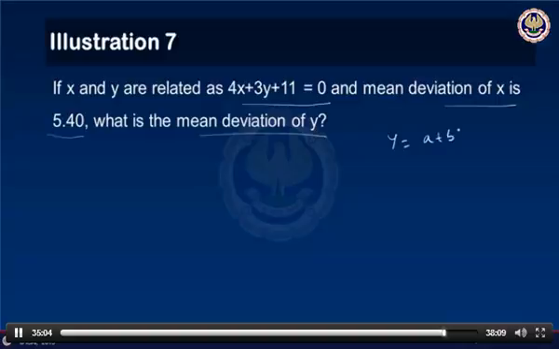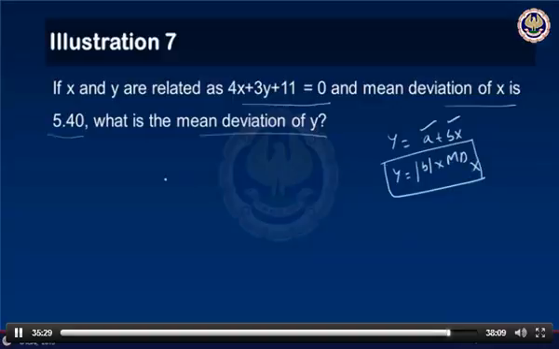Suppose y equal to a plus b x; a is called origin and b is called scale. When we know the mean deviation of x, the mean deviation of y is modulus of b into mean deviation of x. This is the simple property we discussed in the earlier slides.